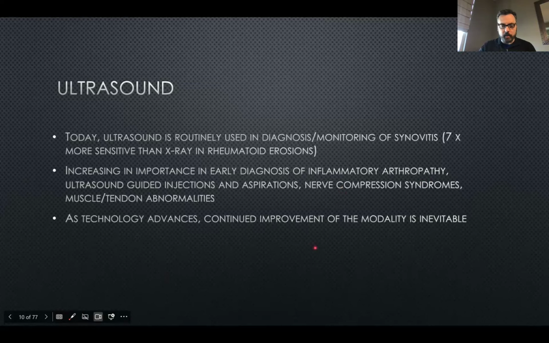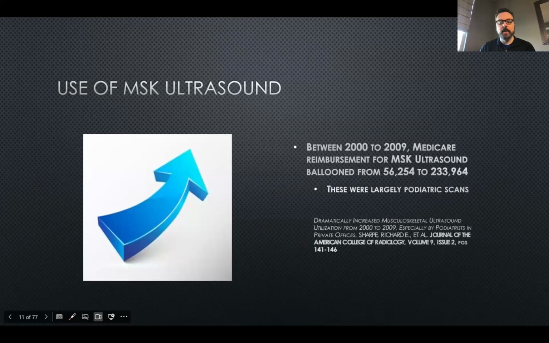I don't know why that's the first one that popped into my head, but any kind of nerve compression syndrome can be picked up with ultrasound. And then as the technology advances, you're going to see continued improvement of the modality and how it's going to be used in practice.